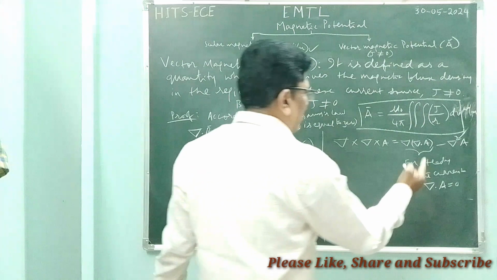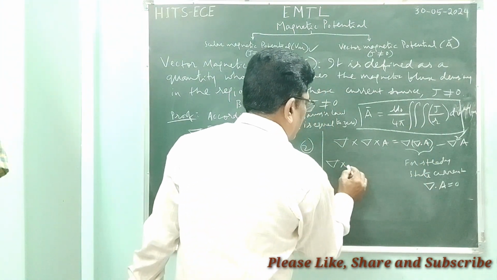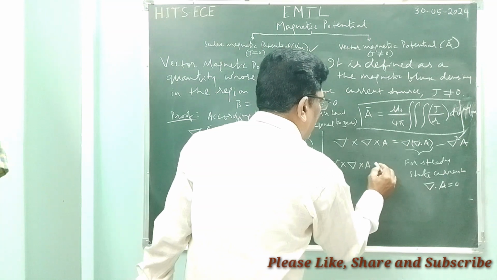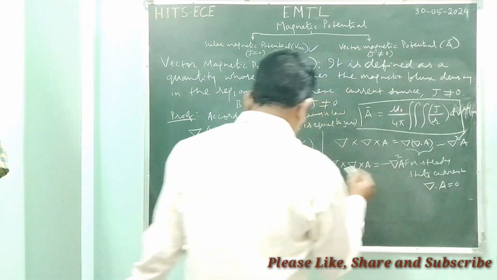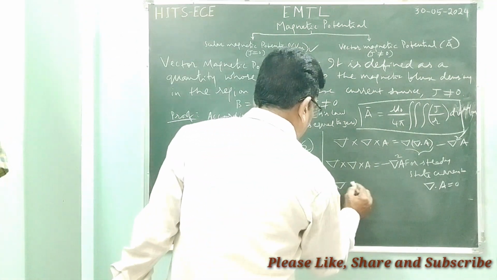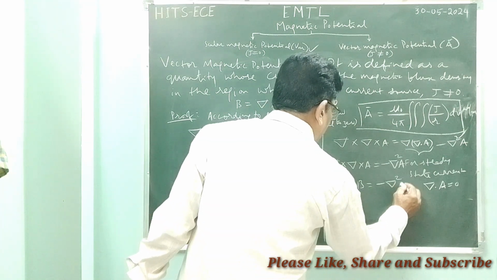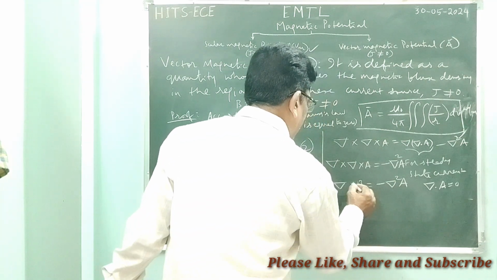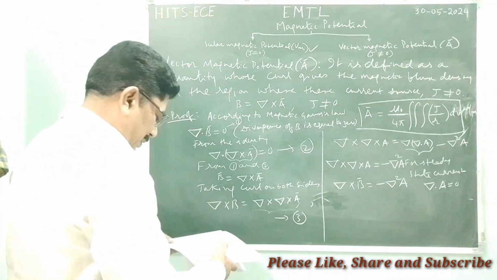So this equation will become del cross del cross A is equal to minus del square A. We substitute this in equation number 3. So del cross B is equal to minus del square A.